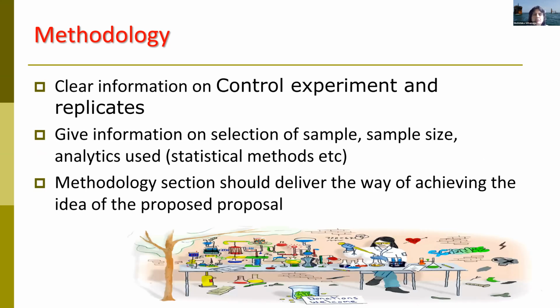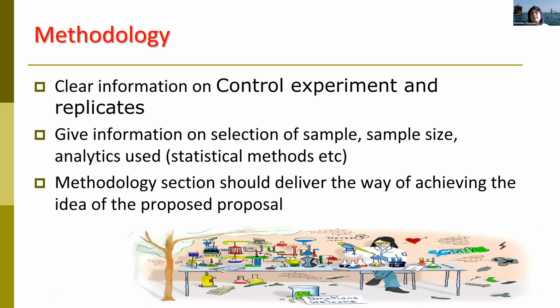It is very important to incorporate clear information on control experiments and replicates. That's very, very important, because without control, you can't compare the data and prove that this is exactly what is happening. So it's very important to show what kind of controls you will be using and how those controls will be treated.